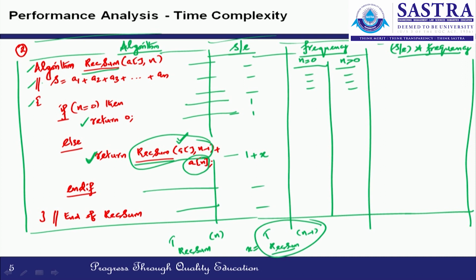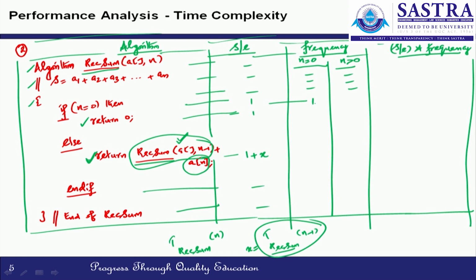If n is equal to 0, the condition is true. So how many times is it tested? One time. So the frequency of if n is equal to 0 is 1 when n is 0.